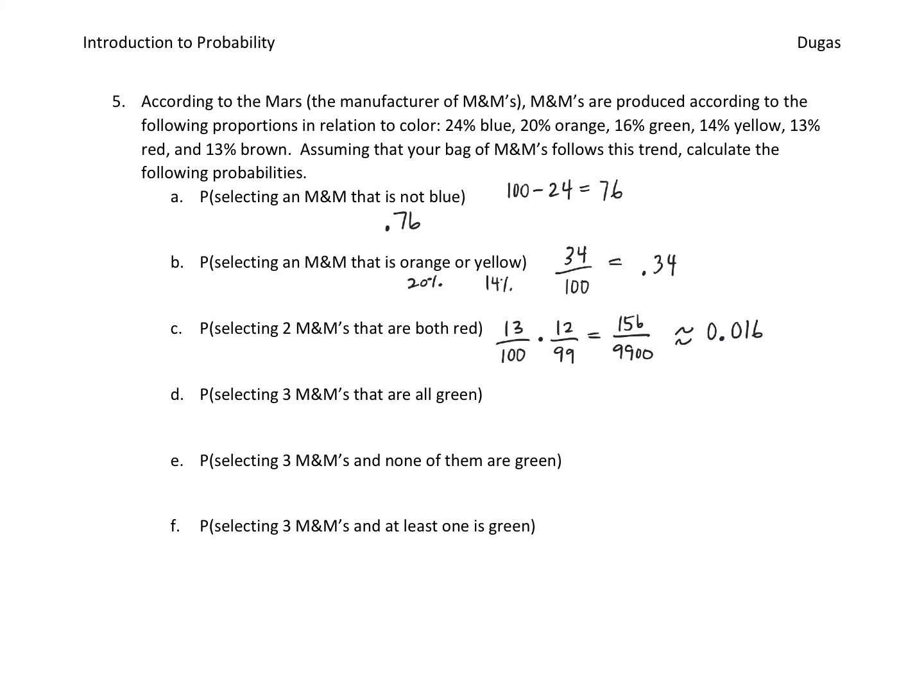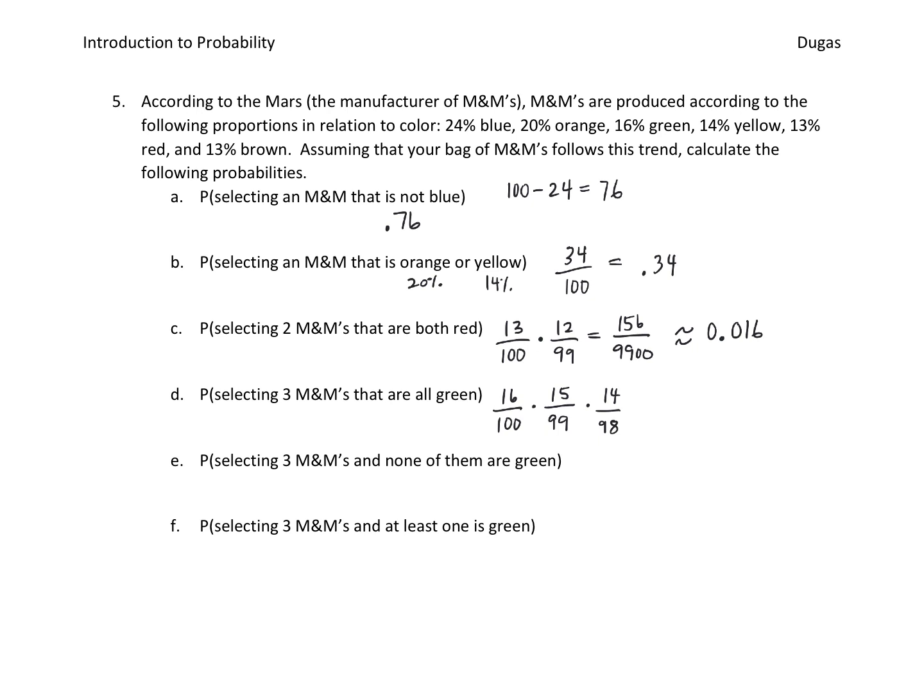Okay, part D is find the probability of selecting 3 M&Ms that are all green. So green, 16%, so 16 out of 100 chance of the first one being green. And then the second one, since you've taken one green M&M, there will now only be 15 green M&Ms to choose from, and there would only be 99 total M&Ms to choose from. Now we've chosen 2 green M&Ms, so it would go down to 14 out of 98.